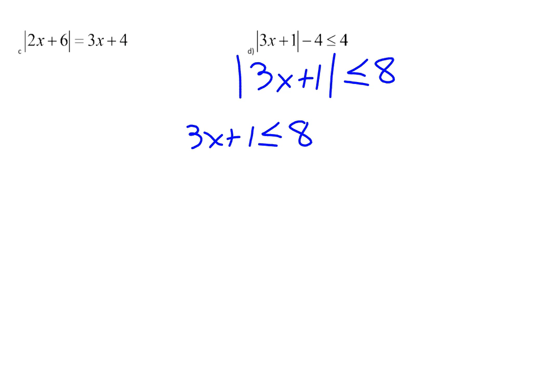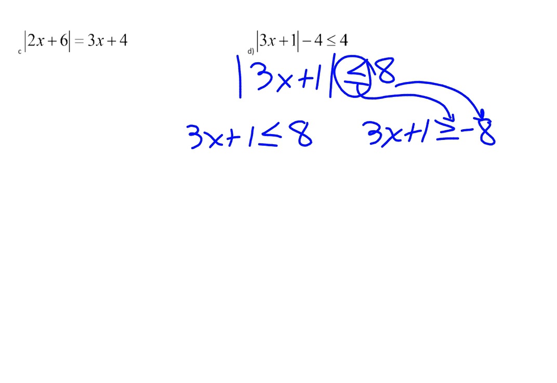But on the other hand, 3x plus 1 could be greater than or equal to negative 8. Notice, when you create this second problem, you have to change the sign of the 8 and change the sign of that inequality, because again, you change all the signs, and this inequality sign is a sign.